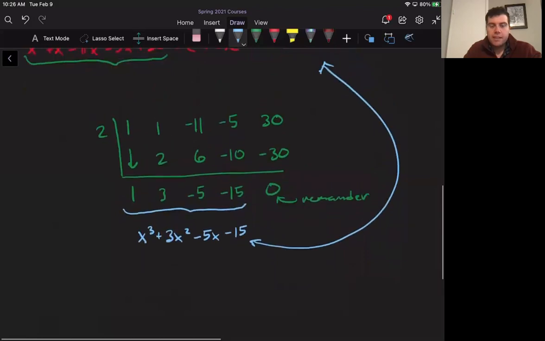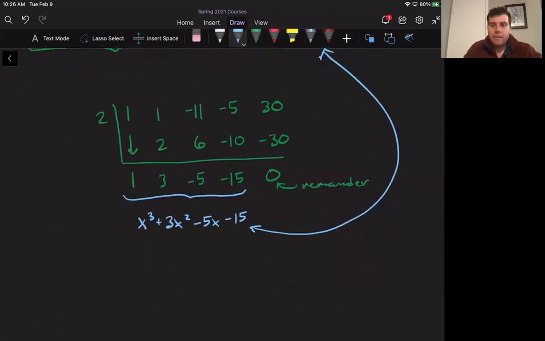So synthetic means something that is not real, something that's made, like plastics are a synthetic. And that's kind of what it's getting at with this technique, where this doesn't feel like real division. Instead, this is a technique that has taken polynomial division and boiled it down to just its bones that we care about.